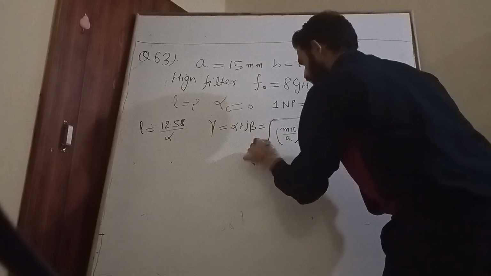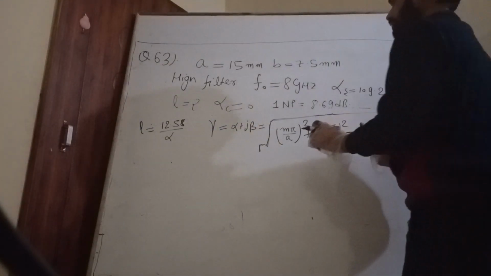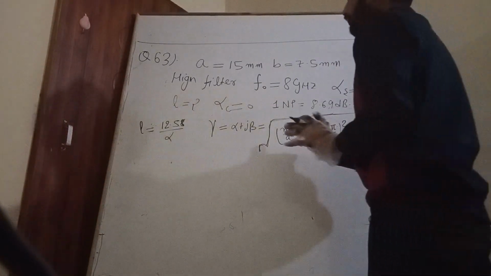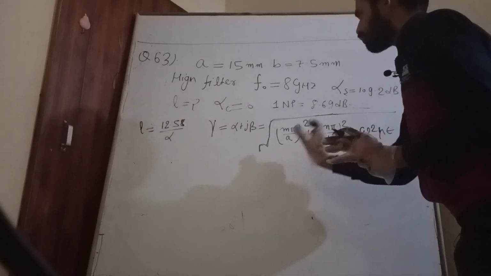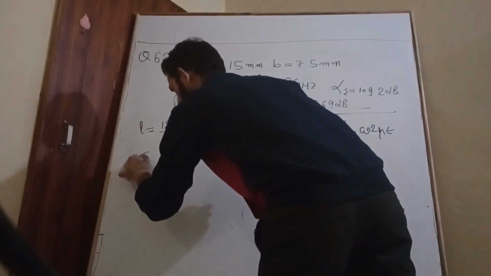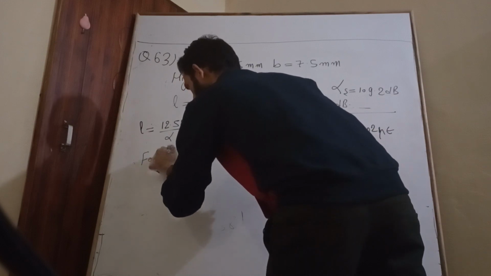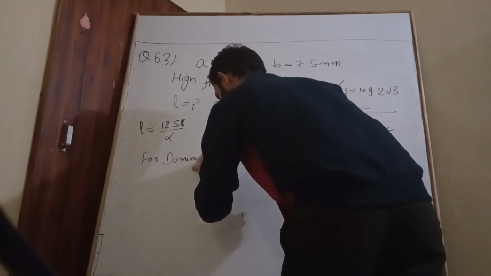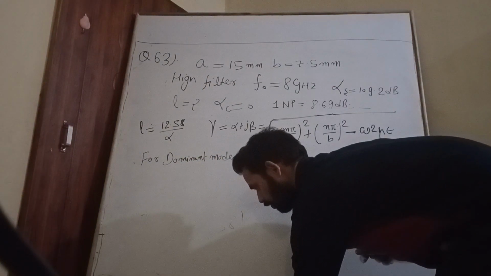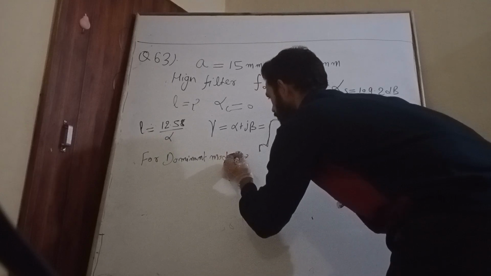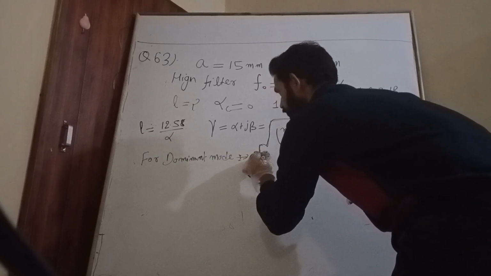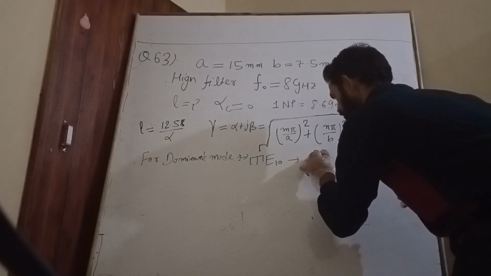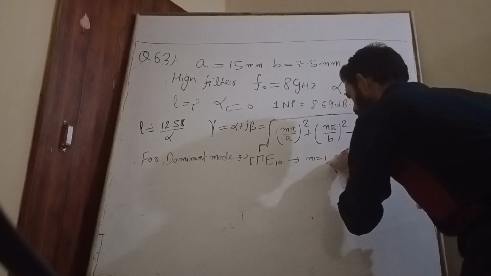This is actually the cutoff frequency expression for the rectangular waveguide. Now we are looking at this for the TE10 mode, the dominant mode, which implies that m is equal to 1 and n is equal to 0.